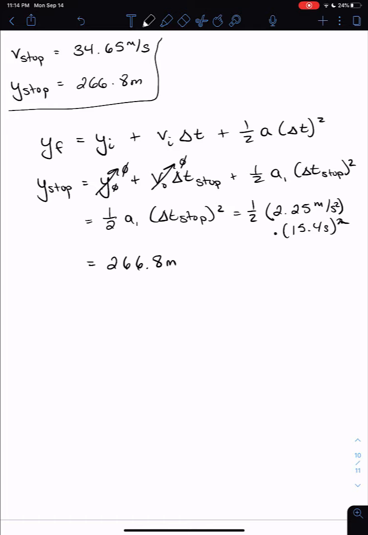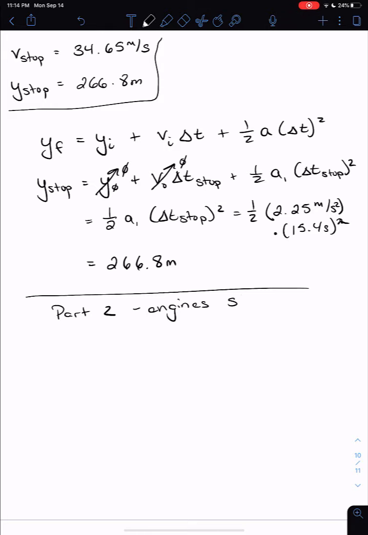Now, we're ready to move on to part 2. So this is when the engines stop working. And so what was our final velocity and final position for part 1 are now our initial velocity and initial position for part 2. So we're going to use another equation because what we want to try and figure out is a distance.